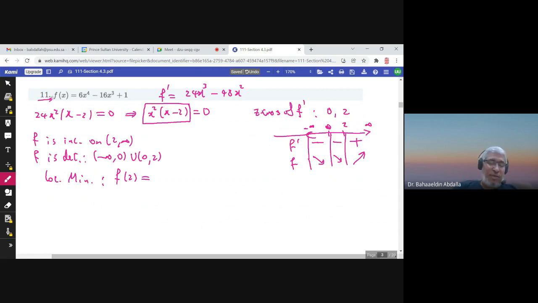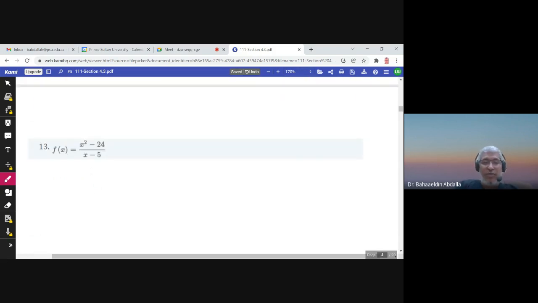I replace x by 2, so 6 times 2 to the power 4 minus 16 times 2 to the power 3 plus 1, and it is negative 31. So negative 31 is the local minimum of this function.